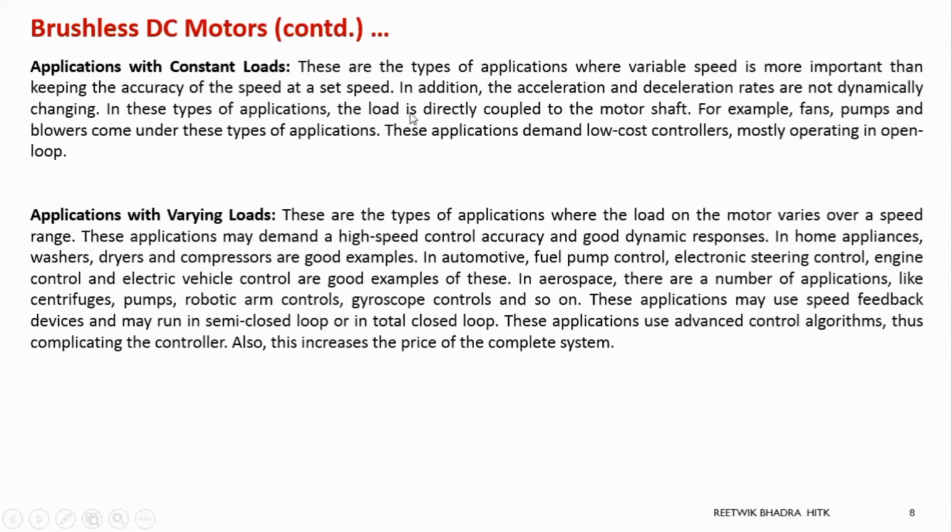So fans and pumps are some of the examples, and that's why a BLDC motor can be used over here with constant load. Obviously the most common application is using a single phase induction motor with capacitor, but nowadays those are replaced by BLDC motors because of many advantages. Low cost controllers are used, so you basically don't need any elaborate controller.